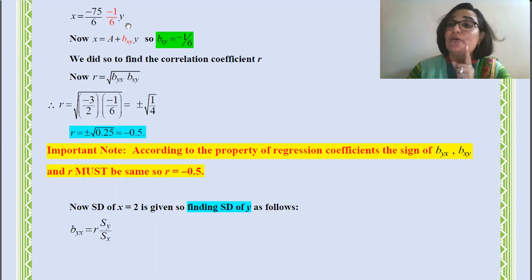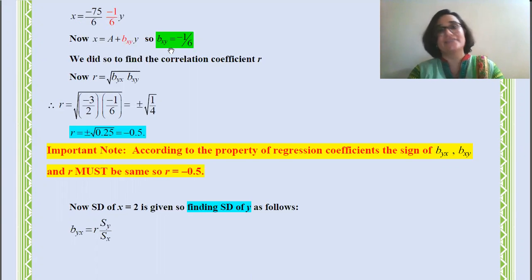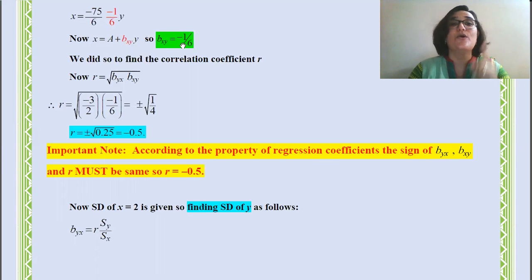Now see what I taught you: this is your x on y, and here y is your independent variable. What is the coefficient of y? Minus 1 by 6. Super, great going. So your bxy, if you compare with this equation, is not only 1 by 6, but you also have to consider the minus sign, right? So your bxy is equal to minus 1 by 6.